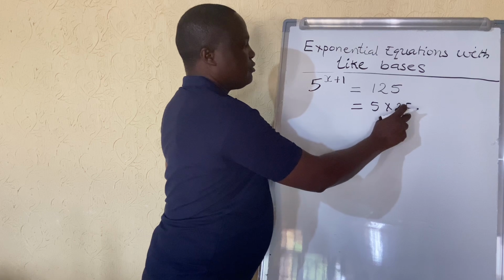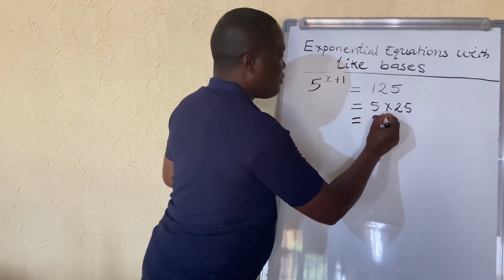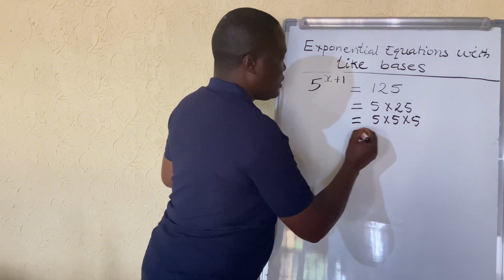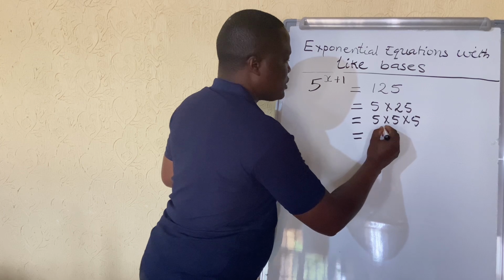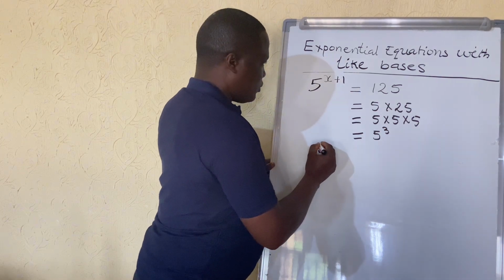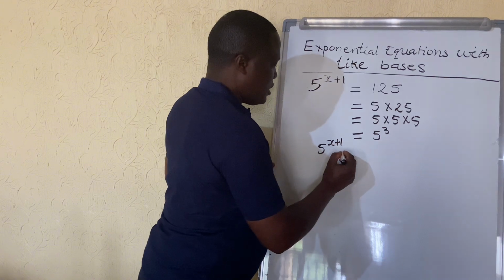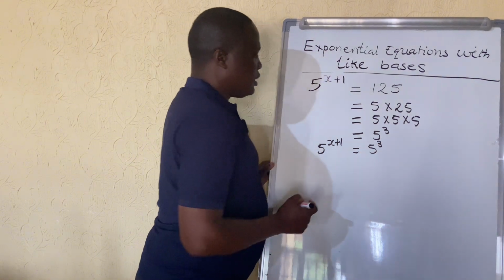Again, 25 is 5 times 5, so we write this as equal to 5 times 5 times 5. This is equal to 5 raised to the power 3, so we write 5 raised to the power x plus 1 is equal to 5 raised to the power 3.